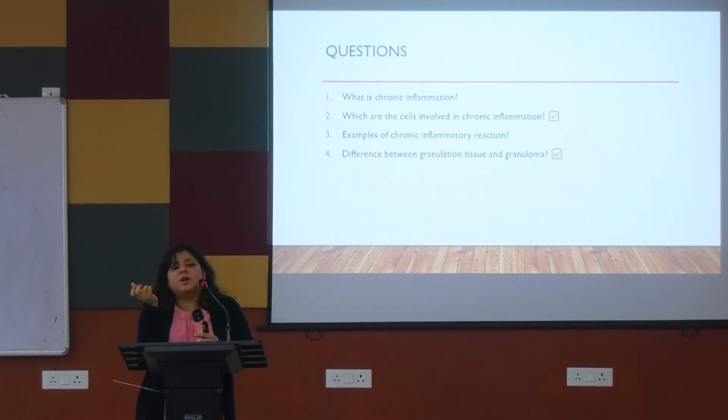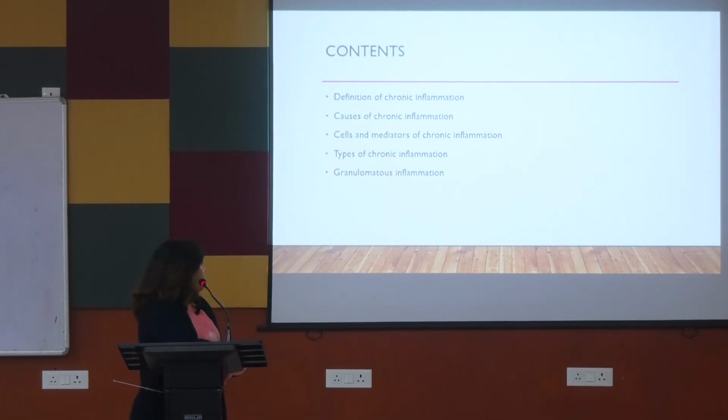So the understanding of that is both are examples of chronic inflammation. Granulation tissue is a non-specific kind of chronic inflammation, and granuloma is seen in granulomatous type of chronic inflammation. This is a very frequently asked question. You will see if you go through the exam papers, this question is asked frequently, right? Please sit down. So these are the things I will be teaching today.